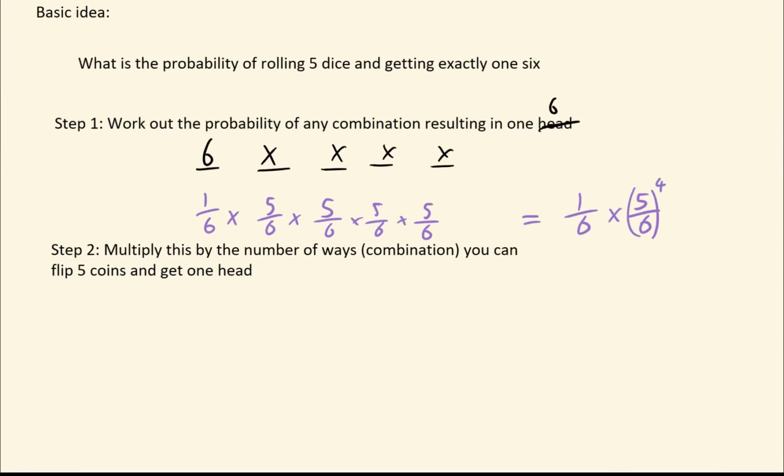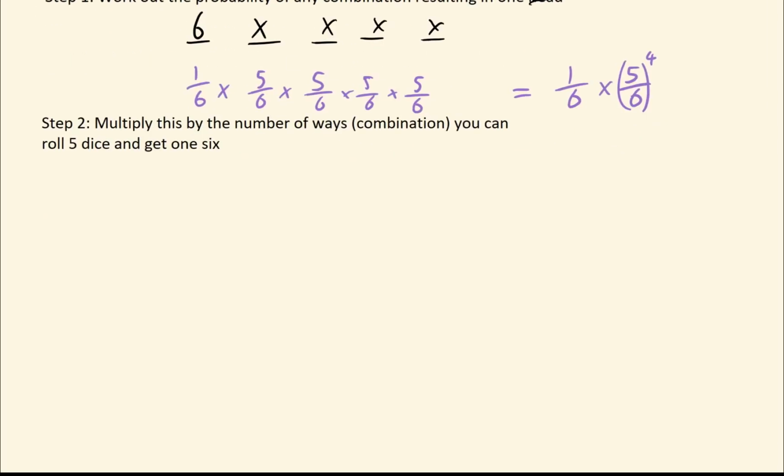That's going to be the first part of our answer. That's one way to get exactly one 6. We then need to multiply that by the number of ways, or combinations, you can roll 5 dice and get one 6. We can work this out by hand. I've already shown you one up here.